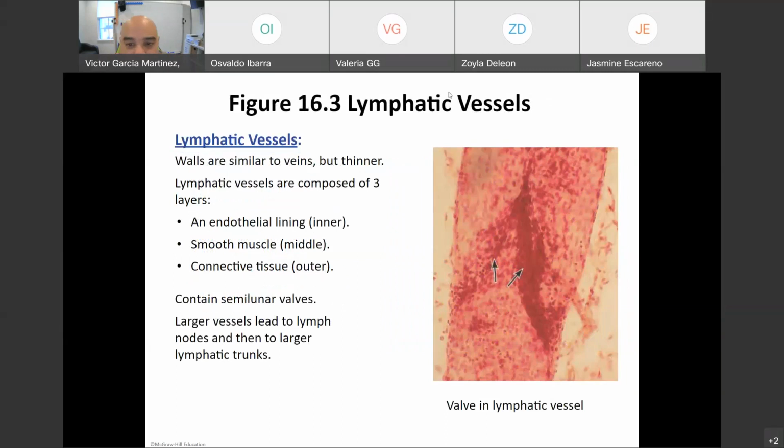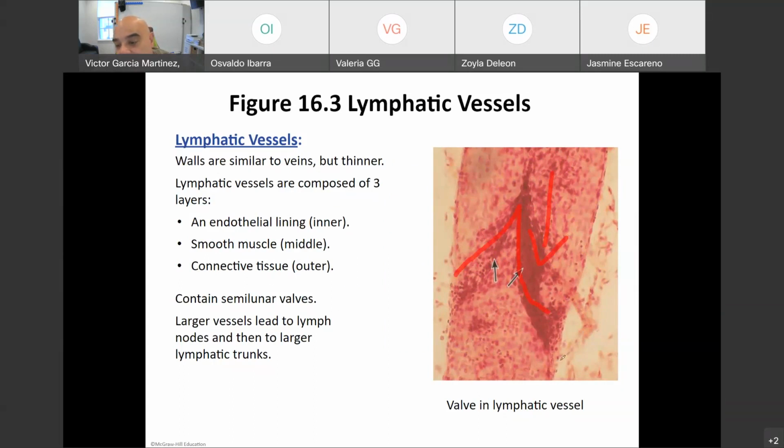If you remember, I was talking about veins a few weeks ago, and we were talking about these elements. These are valves. And if you remember, any single valve is there to avoid backflow. Then we're using for lymphatic vessels the same valves we're using for veins.